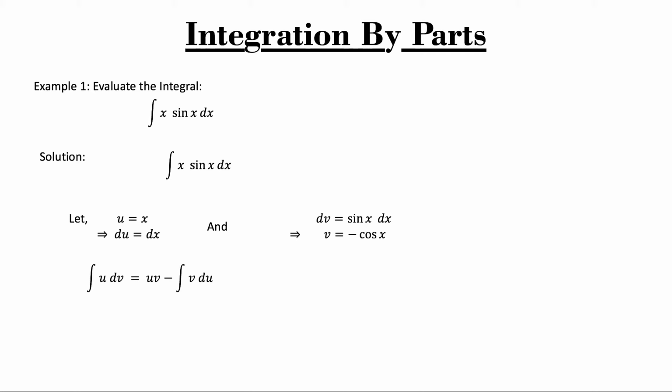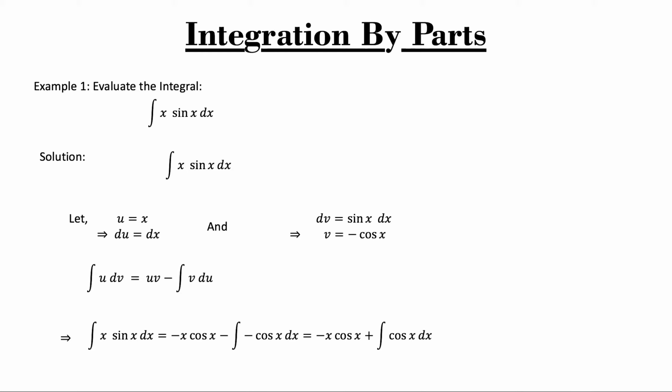Now by putting all the values that we got in this formula, we get this, as u is equal to x, and dv is sin x dx, and uv is x into minus cos x, and v du is minus cos x into dx.